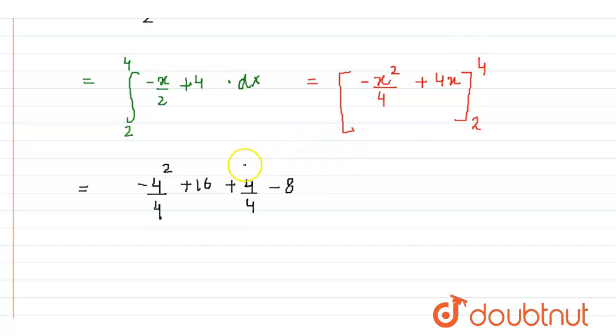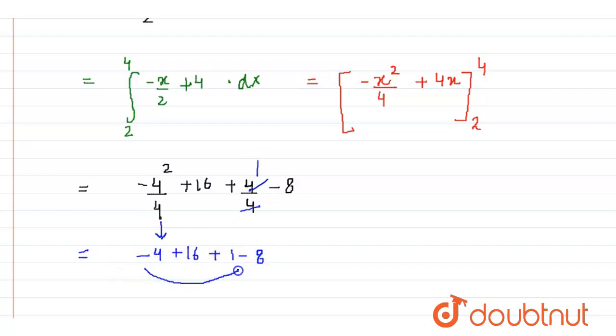Now we will put down all of the values and cut it down. That is equal to 4 times 4, that's 16 over 4, that's going to be minus 4. Plus 16, plus 4 times 1 over 4, I will write 1 over here, minus 8.